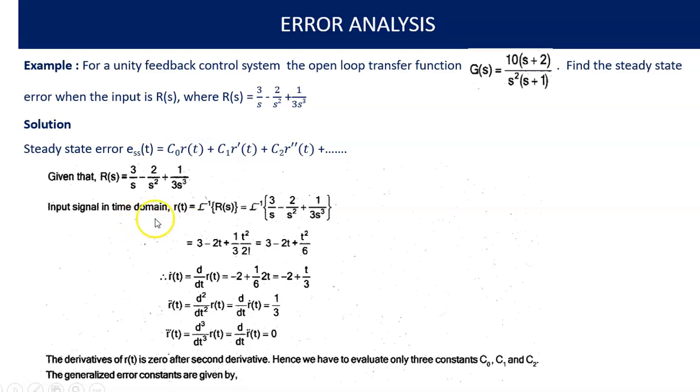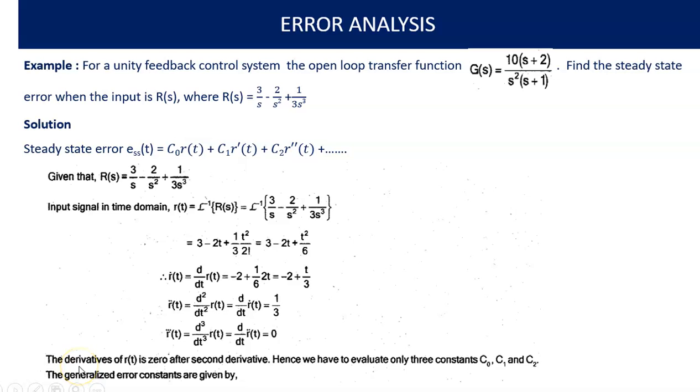So r(t), we must have C0 r(t). So find r(t). That's equal to 3 minus 2t plus 1 by 3 into t squared by 2 factorial. Take the inverse. So 3 minus 2t plus t squared by 6. r dash t is minus 2 plus 1 by 6 into 2t, that's equal to minus 2 plus t by 3. r double dash t is equal to 1 by 3, and r triple dash t is equal to 0 because this is constant.